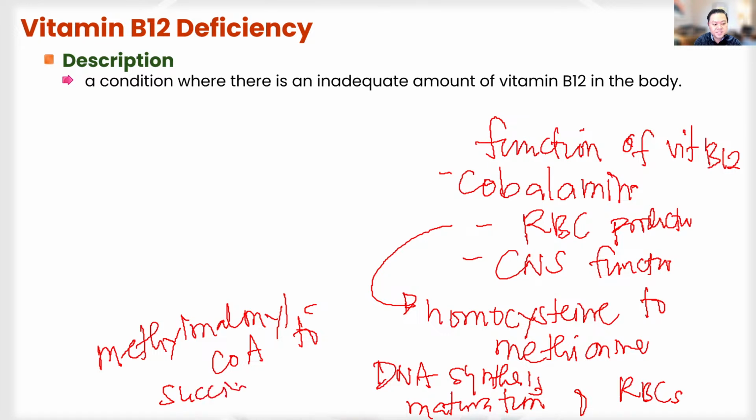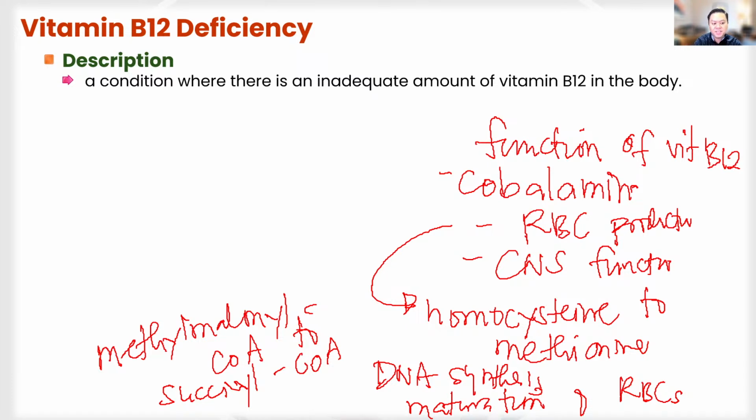So this is another process that would be essential in maintaining the integrity of the myelin sheaths in the nerve cells. Again, another function of the vitamin B12 is to help convert the methylmalonyl CoA to succinyl CoA, which will be helpful in maintaining the integrity of the myelin sheaths in the nerve cell.